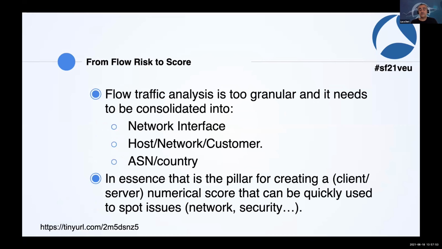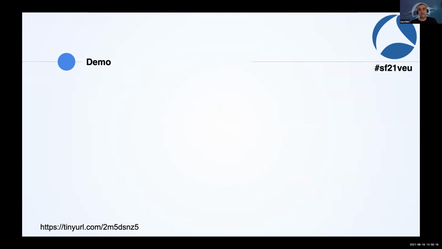And this allows you to consolidate this problem at the network interface level, at the pcap level, or at the host level. Because if you have many hosts that have many flows with issues with high score, it means that this is a problem. It means that this host is more important than another in terms of cybersecurity, that you should probably start the analysis from this host instead of other hosts that look good from this point of view.